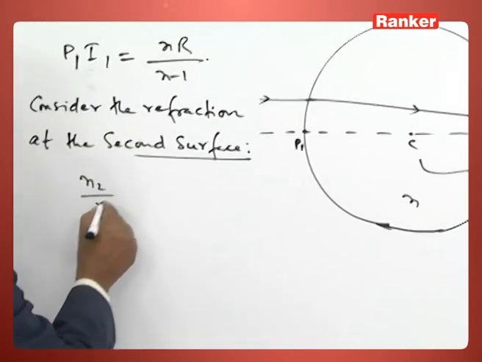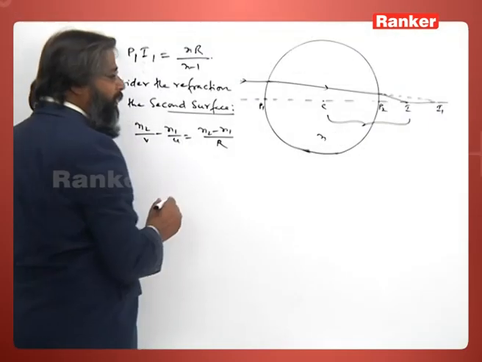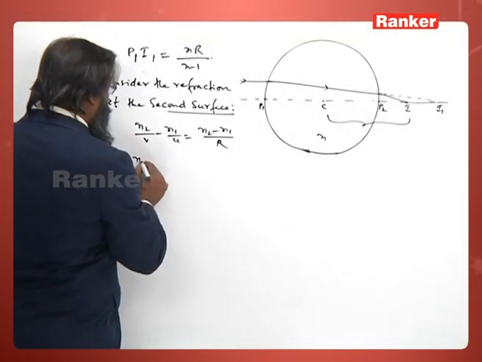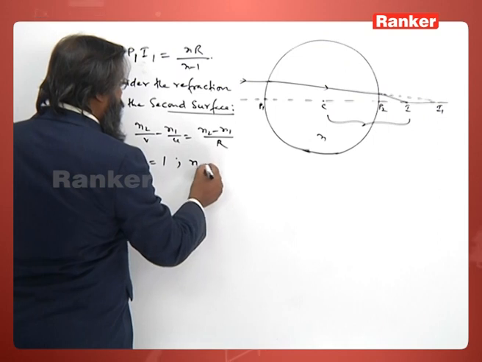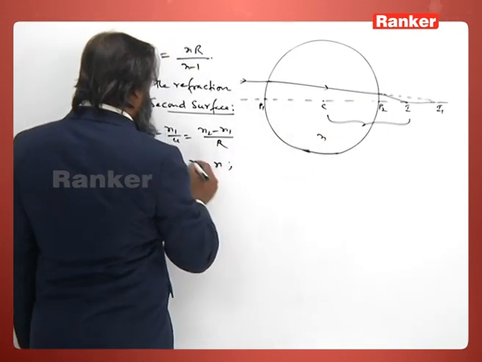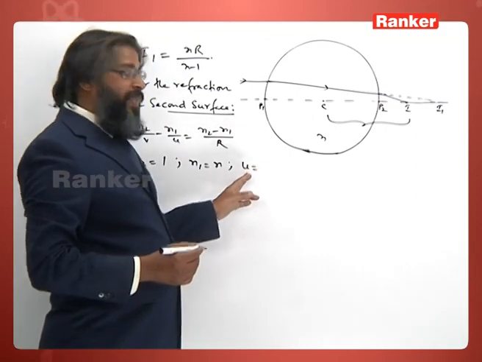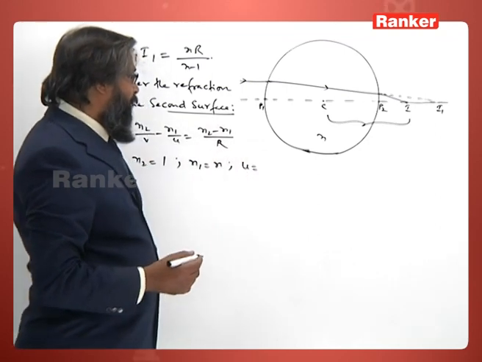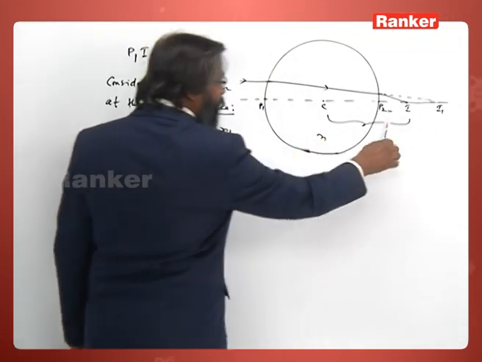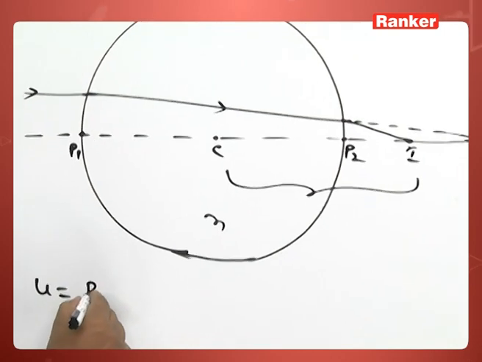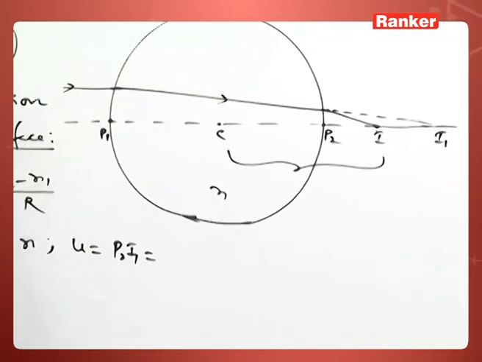We will use n2 by v minus n1 by u equals n2 minus n1 by R, the Gaussian formula. Here n2 is the medium in which the final ray is going, that is 1. n1 is this medium, n itself. Now for u, there is a chance of calculation mistake. The object I1 serves as an image for this. So u will be P2I1, but this I1 is measured as nR by n minus 1 from this place.